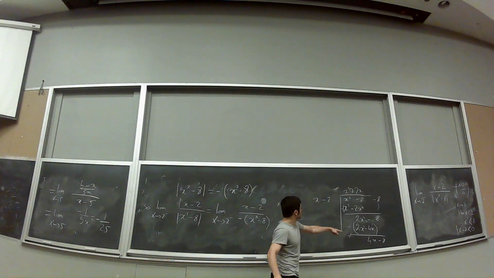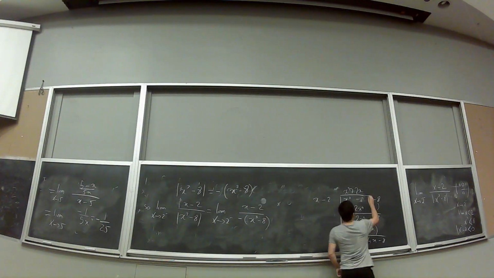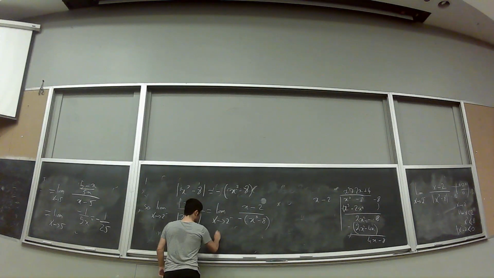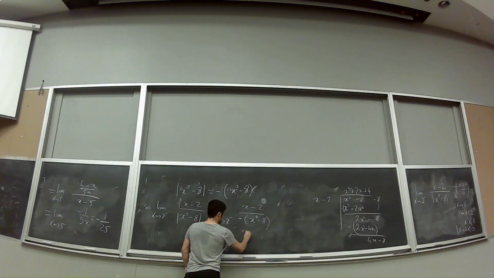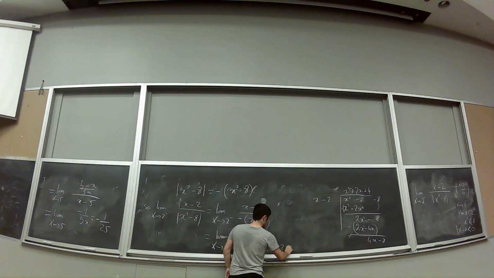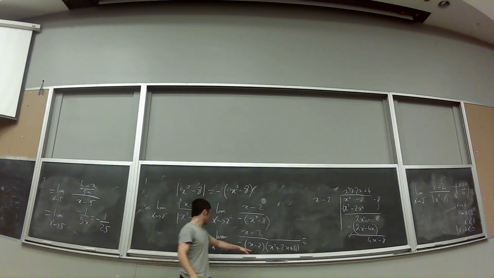And then what do you have to multiply x minus 2 by to get 4x minus 8? 4, right? So x cubed minus 8 is x minus 2 times x squared plus 2x plus 4. Now you cancel out the x minus 2, and you plug in.